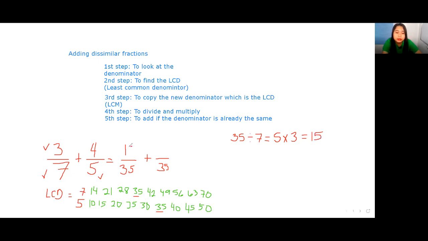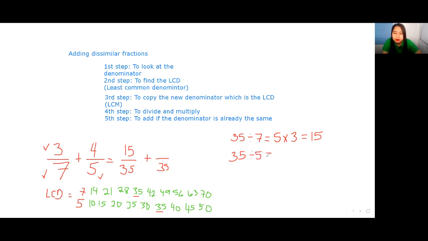How about the second fraction? Again, we will copy 35 and divide it by the denominator of 4/5. So the denominator is 5.